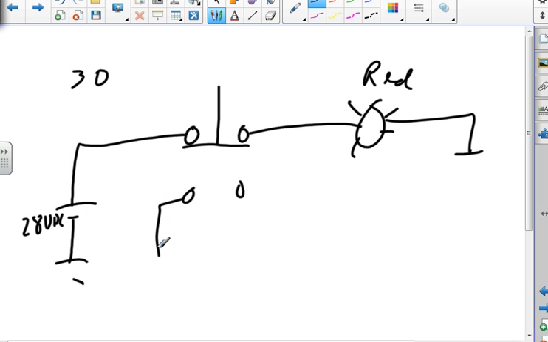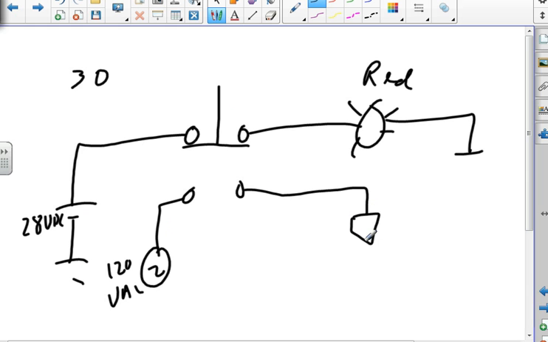And then I got my 120 volts AC going to some motor. And then I push the button, it disconnects from the red, it touches down here, and the motor turns on.